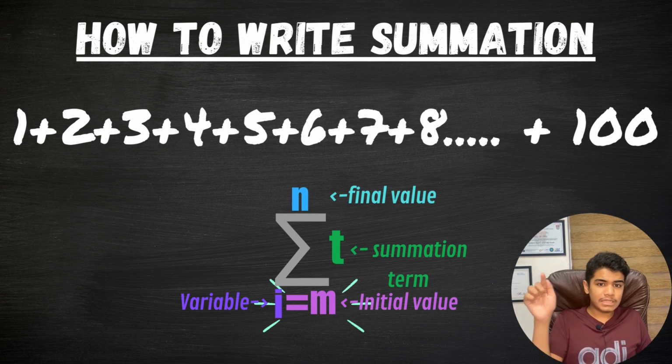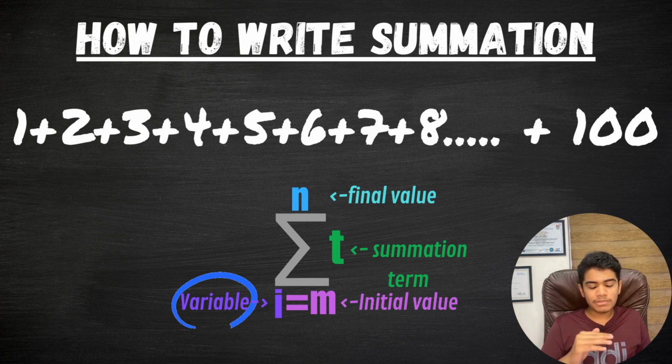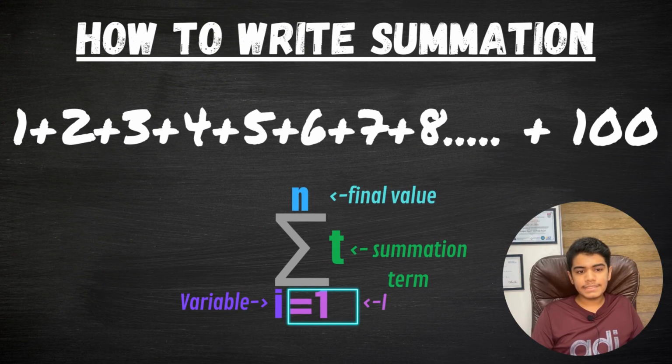Then we make the sigma sign and write a final value n on top. And we write a summation term, which we use as a variable. We write i is equal to m, which is basically our initial value, and i over here is our variable.